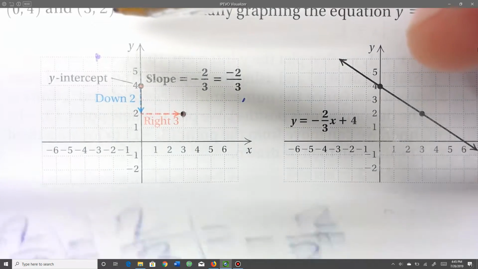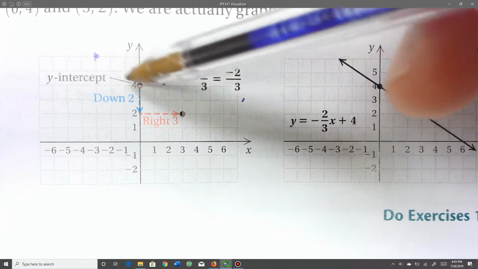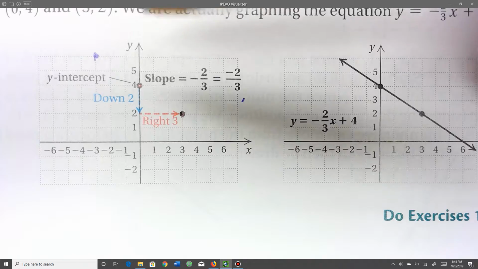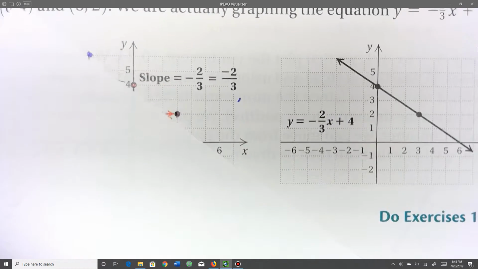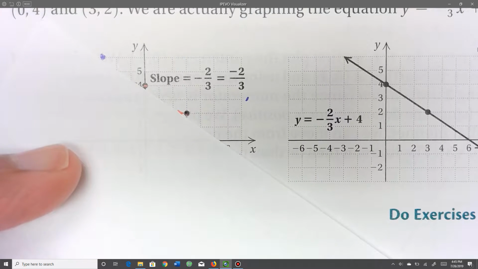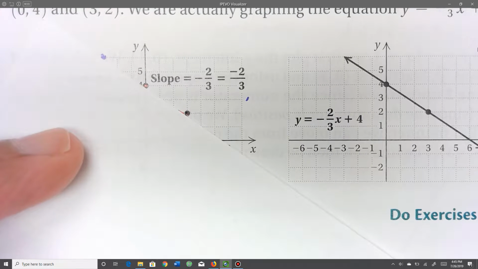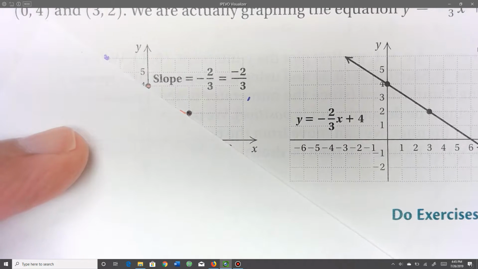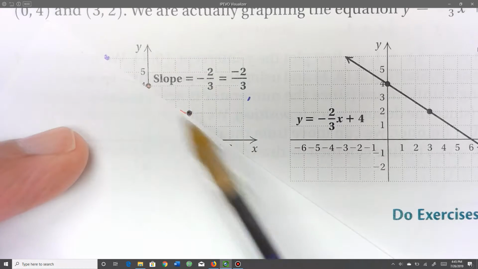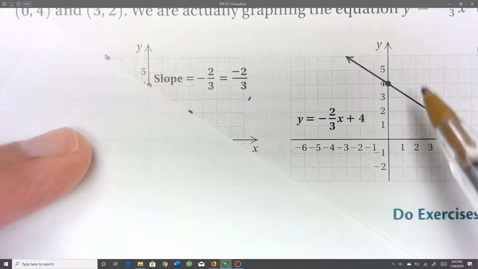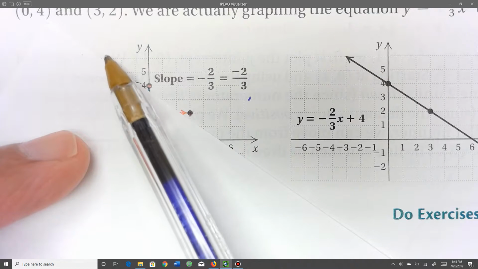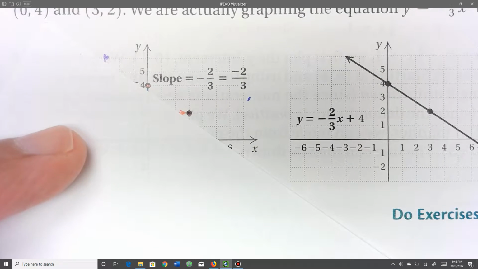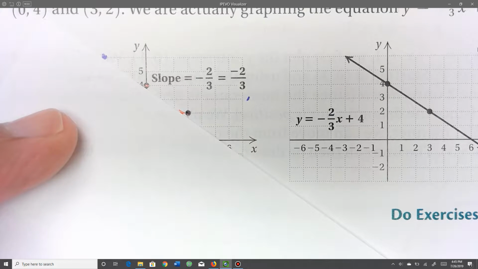Plot my point there, and then just use a straight edge. You can even use your notebook as a straight edge, and all of those points should be on the same graph. So this point and this point. Yeah, that's correct.